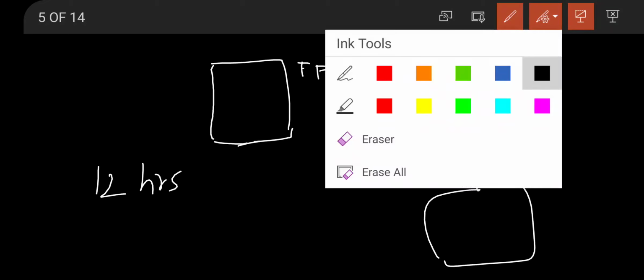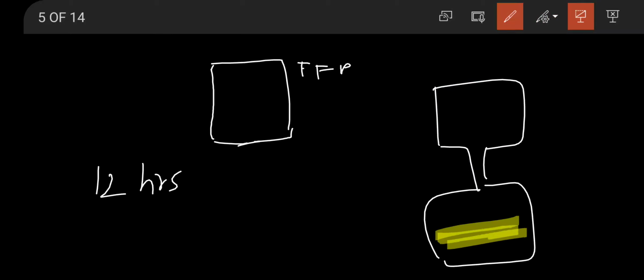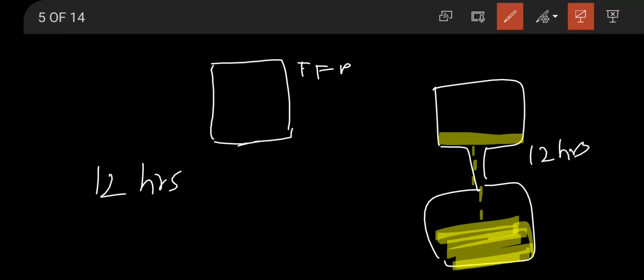So what happens? All the plasma will go down and something will be left. That is called a precipitate. All the plasma is going down within this period of 12 hours and what is left is the precipitate. So that is called cryoprecipitate. That is how you are forming cryoprecipitate.